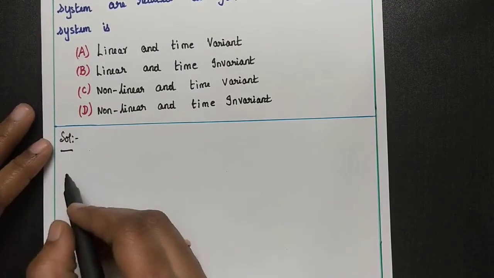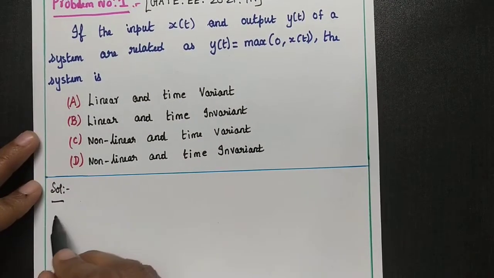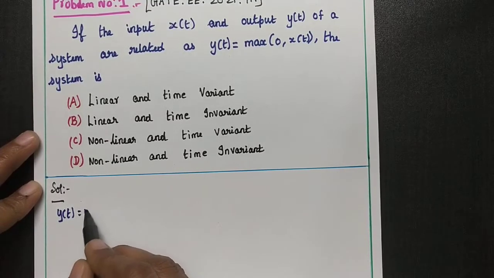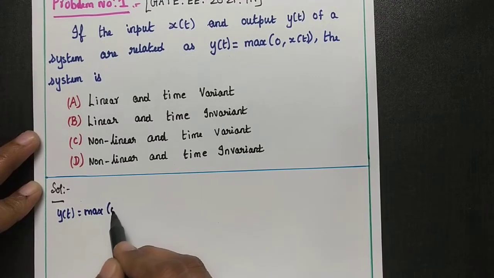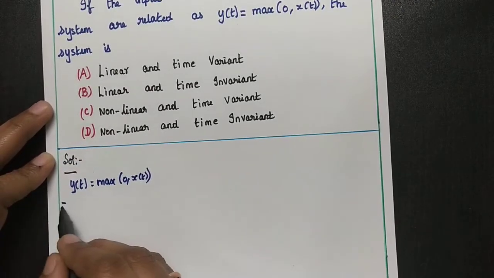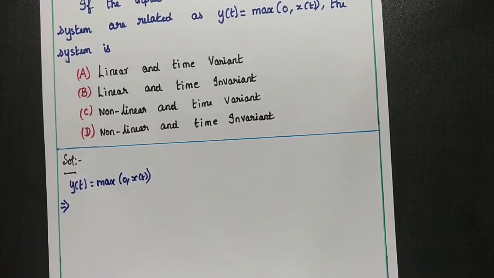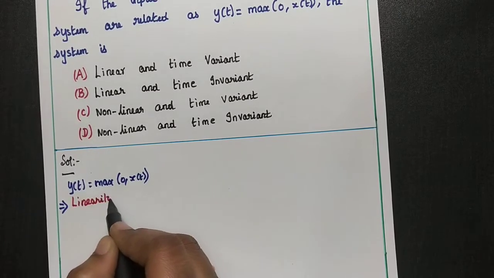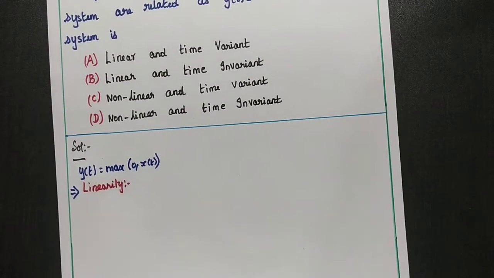What is given? y of t equals maximum of 0, x of t. First, we will check for linearity. What is the condition for a linear system?